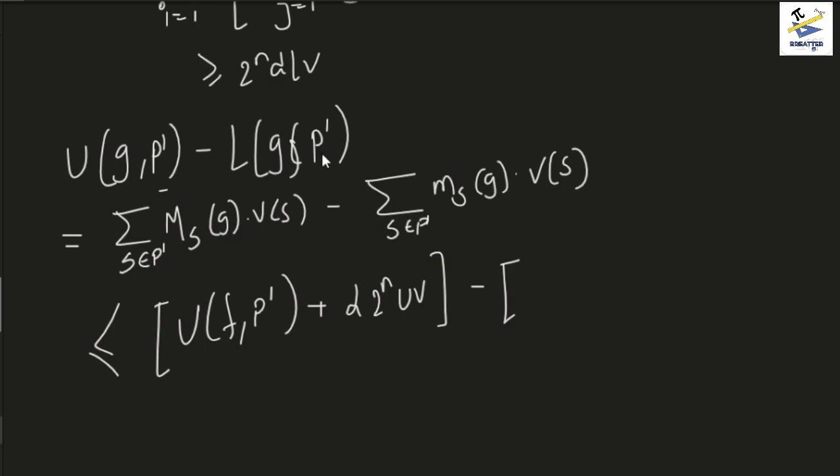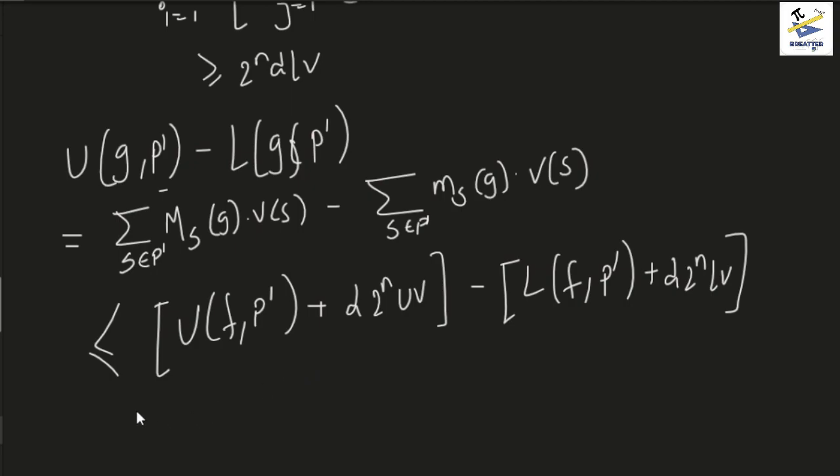And this part is greater than or equal to this. And since it's a minus, this part is greater than or equal to this part, so minus of this should be less than or equal to minus of this part, right?